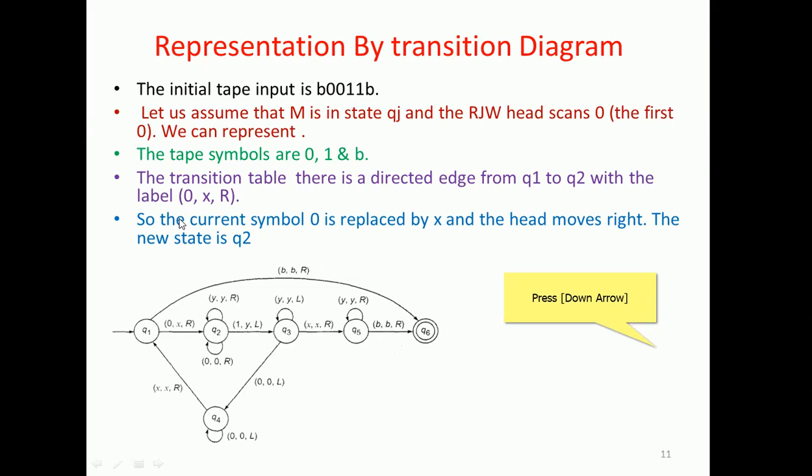In other words, the input B0011B now becomes BX011B, because this 0 is replaced by x and the head moves towards the right.